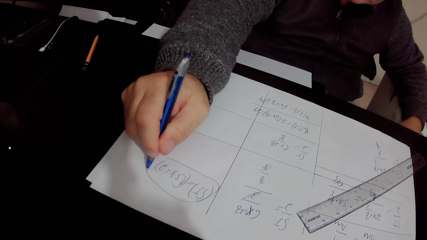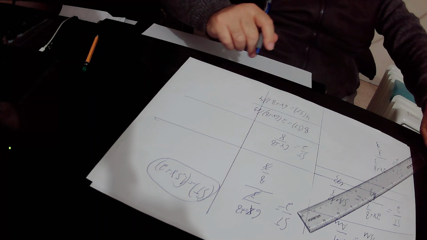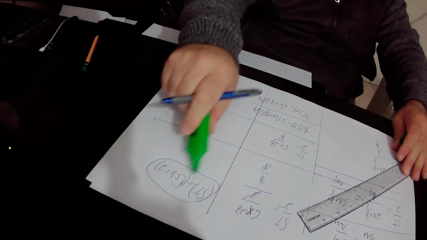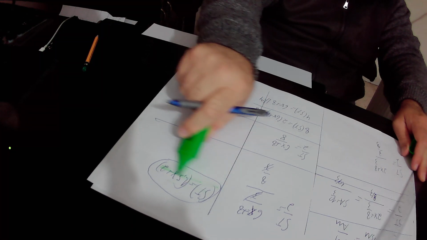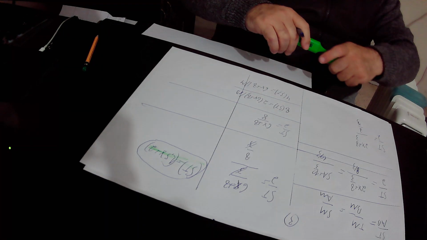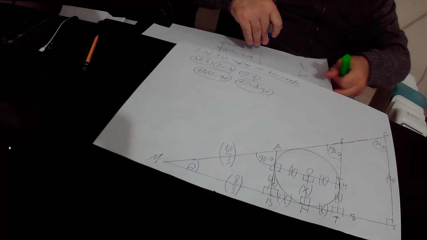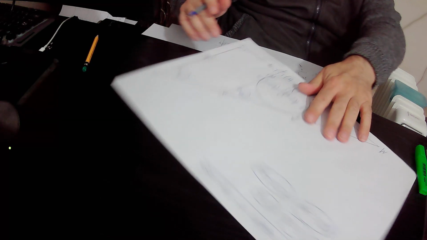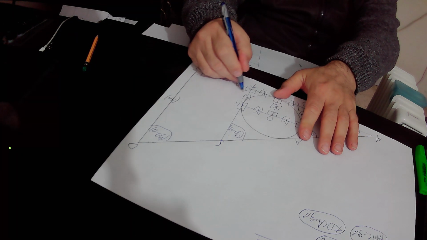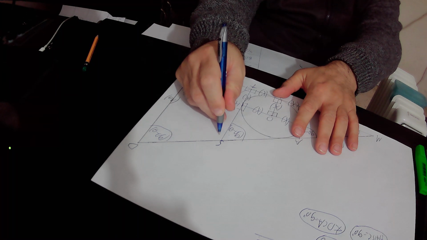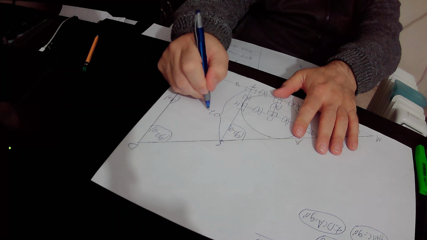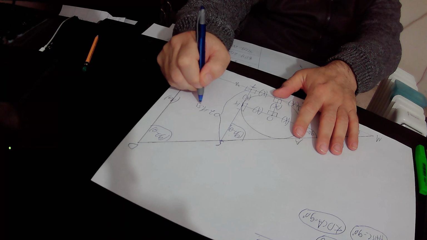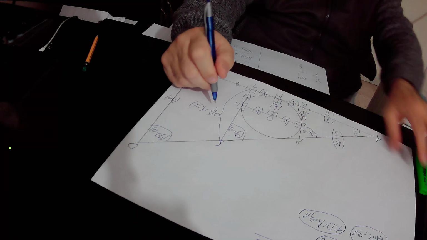So I write it down in the drawing itself: this line segment ST equals 2 plus 1.5x. Okay.